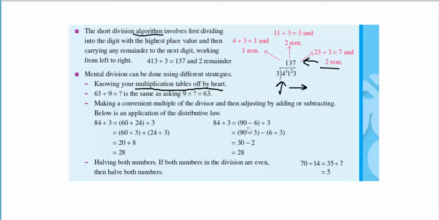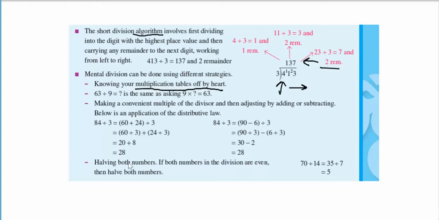Or you might have to subtract them, for example. So you might have 90 minus 6 divided by 3. So you divide the 90 by 3, subtract the 6 divided by 3, 30 minus 2. 90 divided by 3 is 30. 6 divided by 3 is 2, and that gives you 28 that way as well.